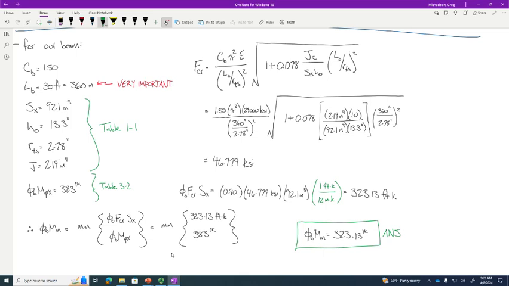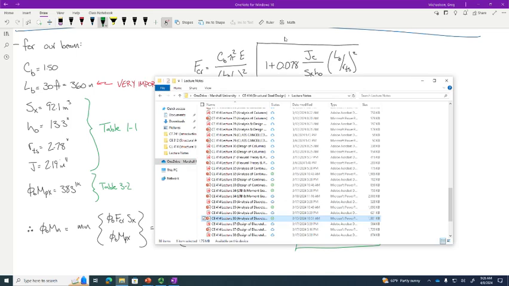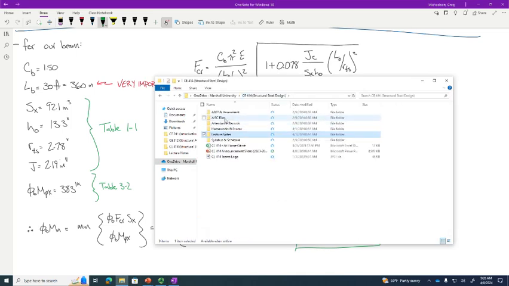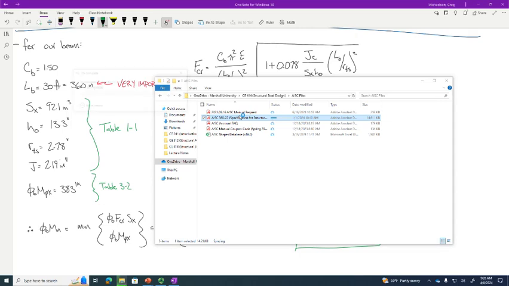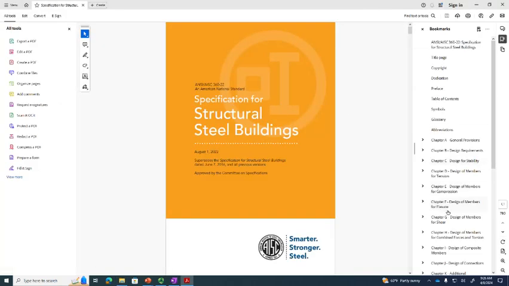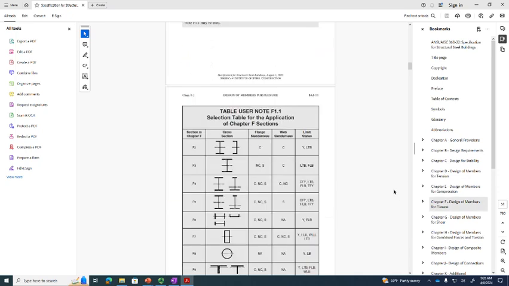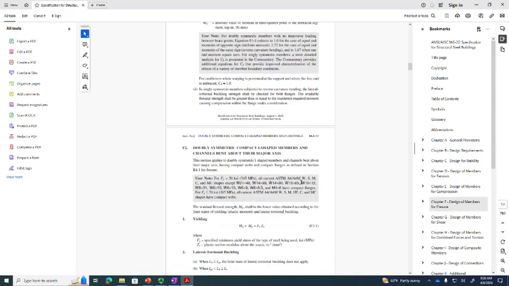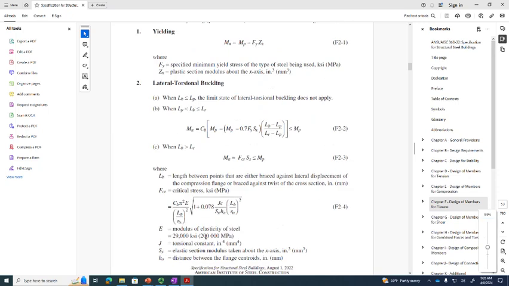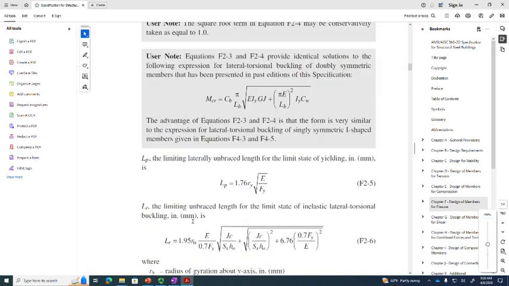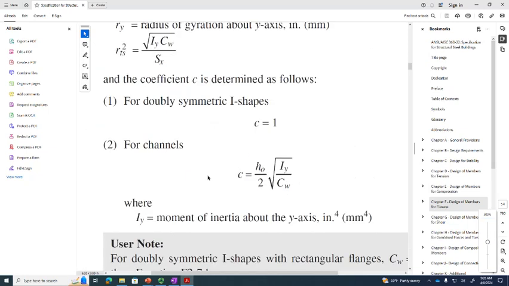Yes. For the Fcr calculation, C is 1, yes. That's a good question, so I'll show you real quick just to illustrate. If you open up the spec, and if we go to chapter F, this is in the back of the manual. So here's the Cb term, here's where that's coming from, and any time you're dealing with a W shape, C is 1.